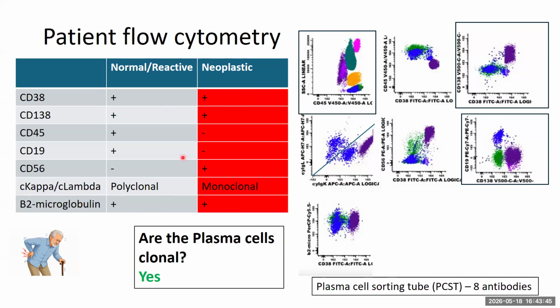But this here is our patient's results. So our CD45 was negative, our CD19 was negative as depicted here. Our blue population here is positive, our plasma cells are negative, and CD56, which is here, is positive. So we can confirm that we have a monoclonal population of neoplastic plasma cells.